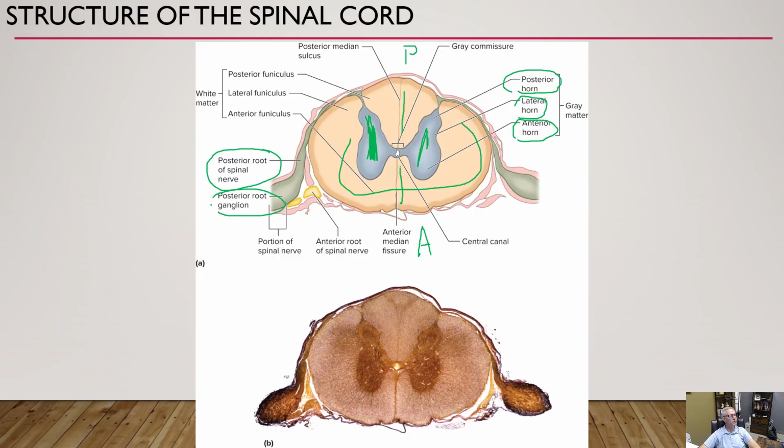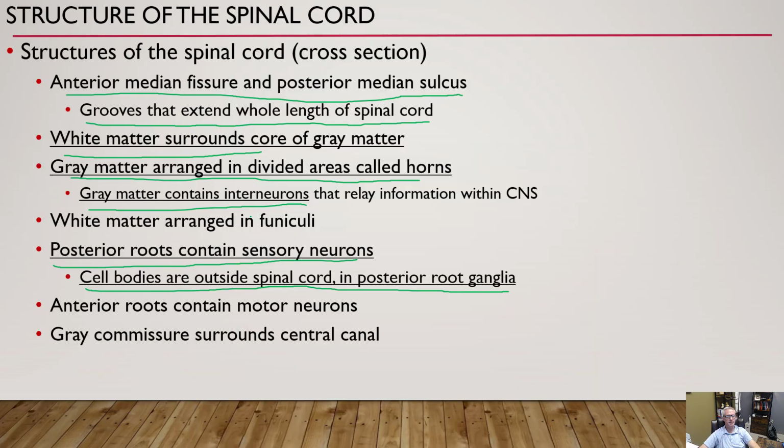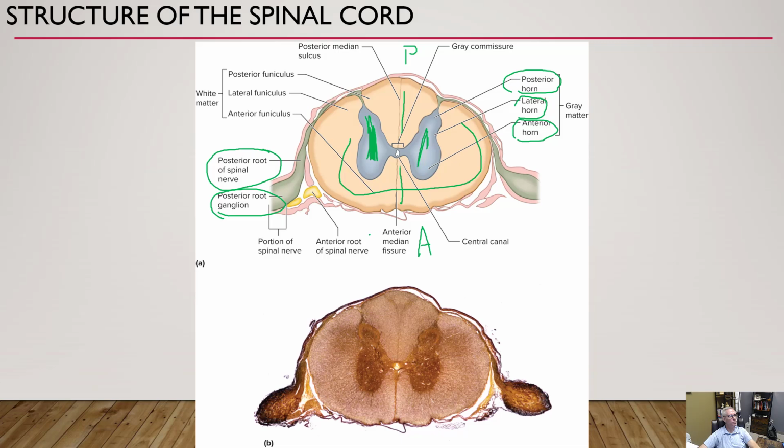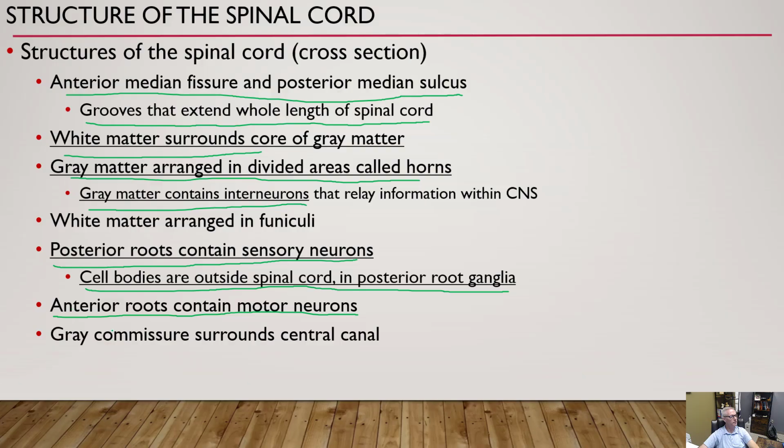So here's our posterior root ganglia. Like I said, we'll come back to that in a second. Anterior roots contain motor neurons. So the anterior root contains motor neurons. Again, we'll come back to that in a second.